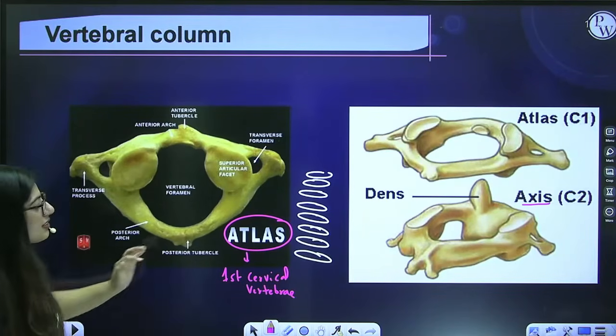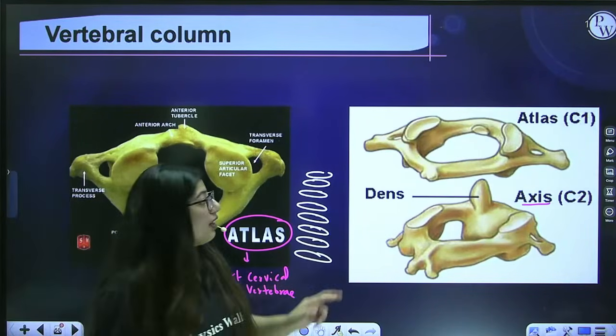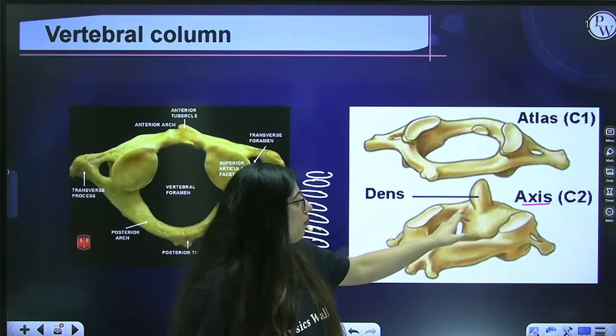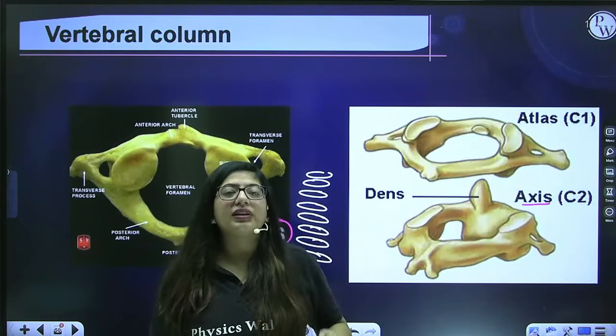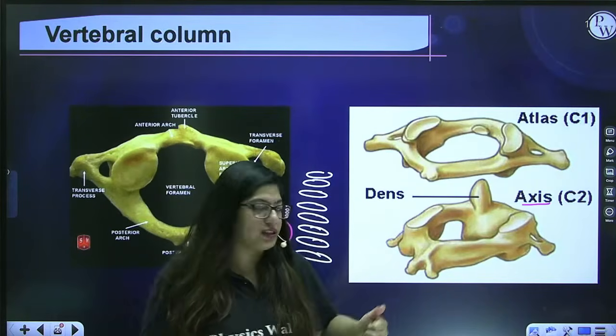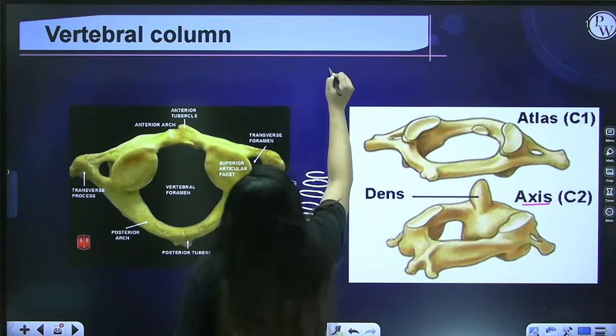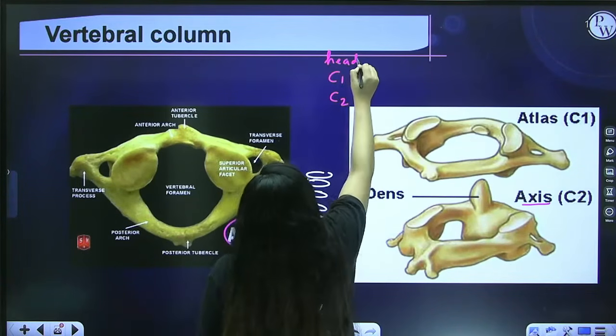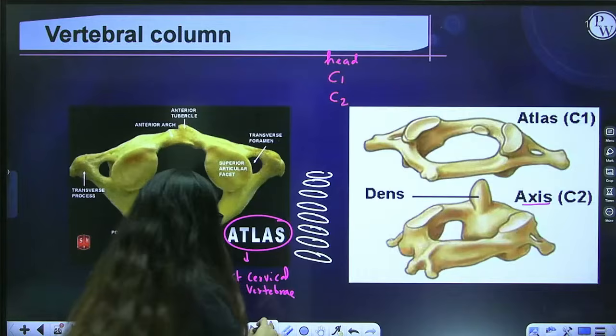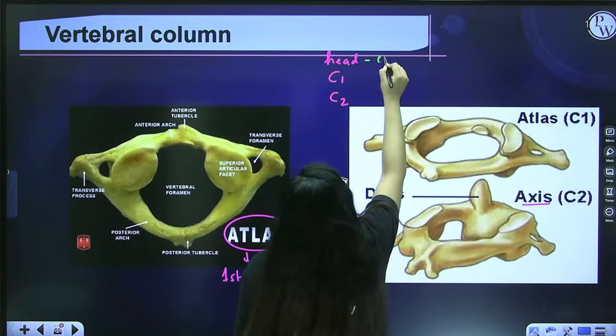Atlas is the one that forms joints. One joint is formed between this portion of axis and atlas here. You call this joint the atlantoaxial joint. So there is the C1 vertebra, C2 vertebra, and there is the head. This is how these are located. In the head, we have occipital condyles.